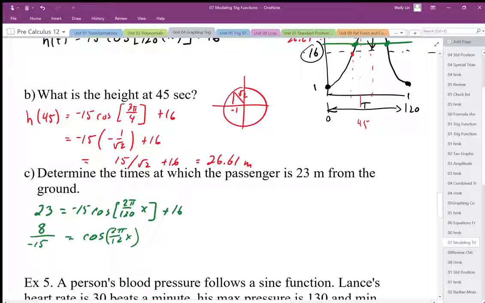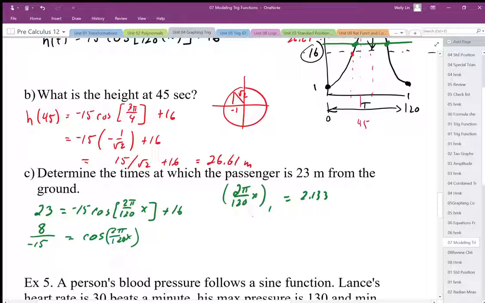Now this is not a special angle, so I need to use my calculator. So I end up with the angle 2 pi over 120 x, theta 1. When I do inverse cosine of negative 8 over 15, I'm getting an angle of 2.133 radians.